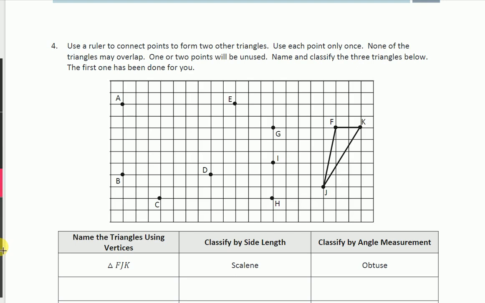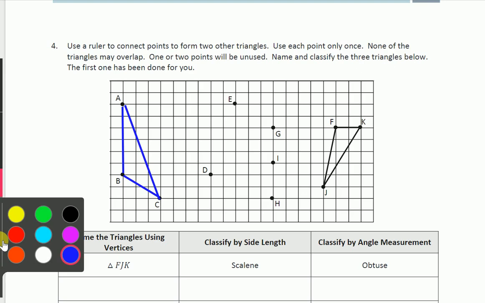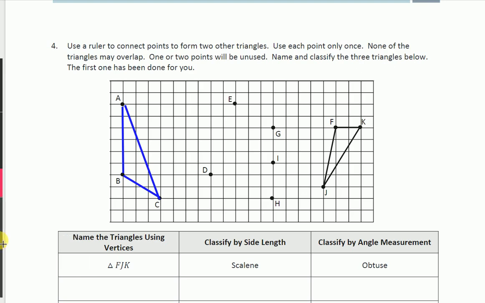All right, well, it says we need to do 2 more triangles. All right, we'll connect A and B, and I'm just going to do an ABC triangle. I got a triangle there, and I want to make another triangle. I can use any of these I want.